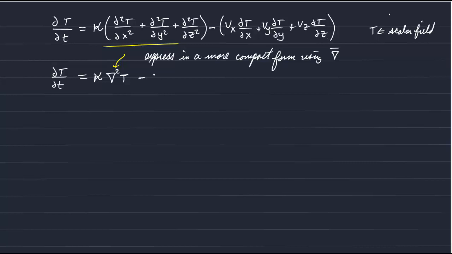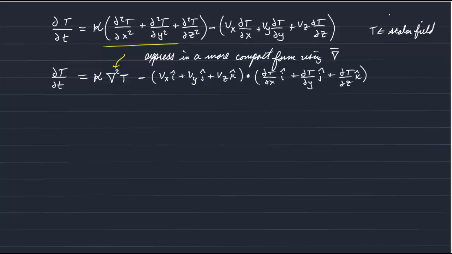And you might recognize that as Vx i hat plus Vy j hat plus Vz k hat dotted with the partial of t with respect to x in the i hat direction, plus the partial of t with respect to y in the j hat direction, and so forth. I hope you can see that this is a dot product between this vector and this vector.